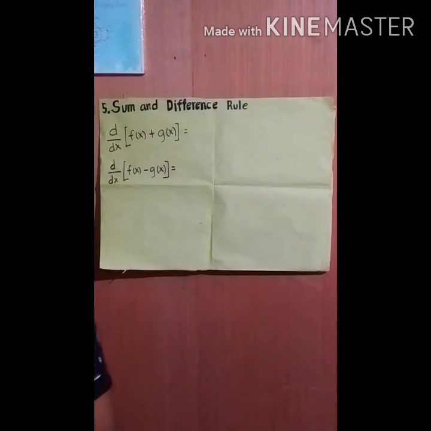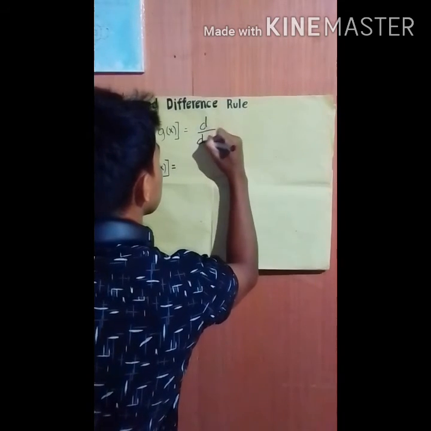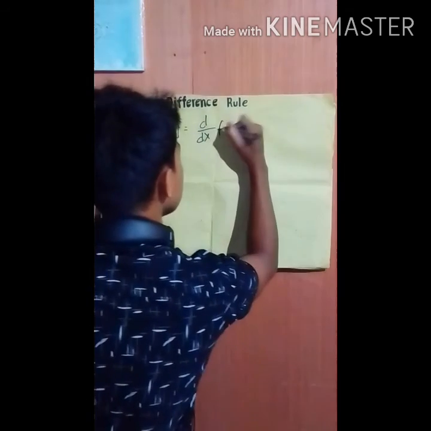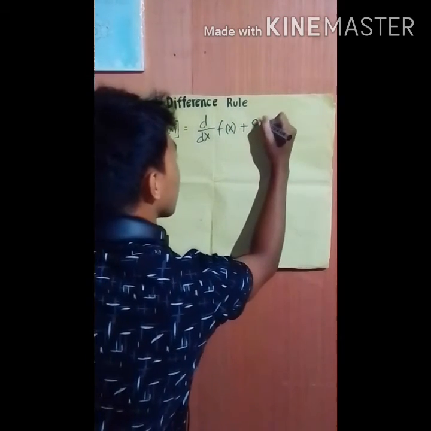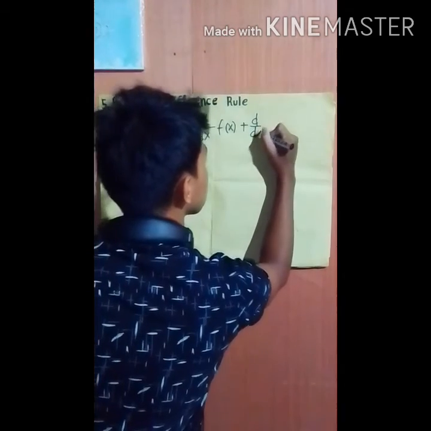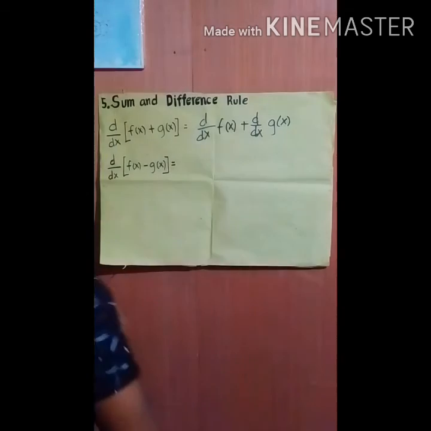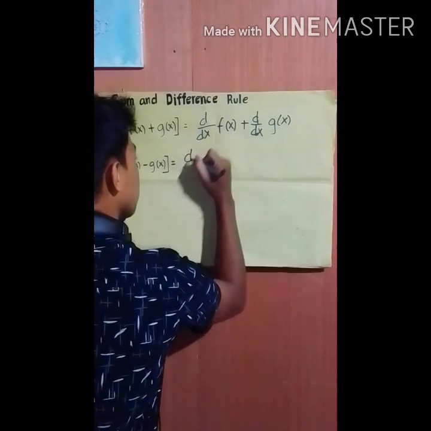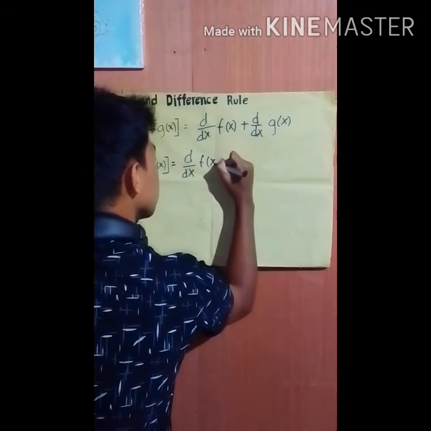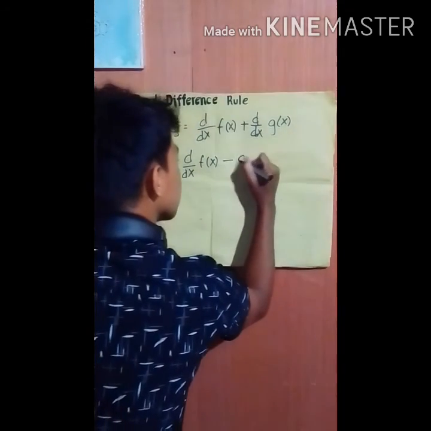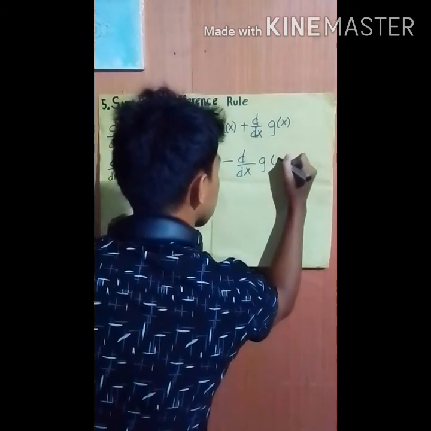That would mean the derivative of f(x) plus g(x) is the derivative of f(x) plus the derivative of g(x), and the derivative of f(x) minus g(x) is the derivative of f(x) minus the derivative of g(x).